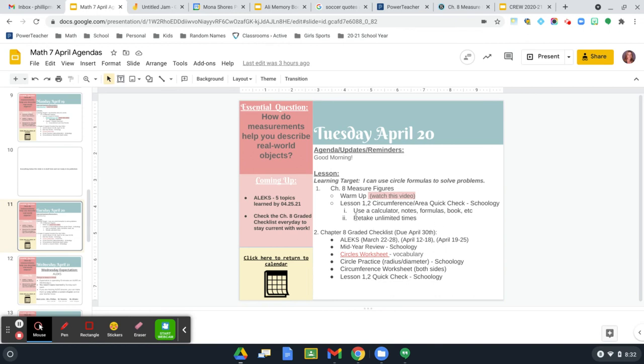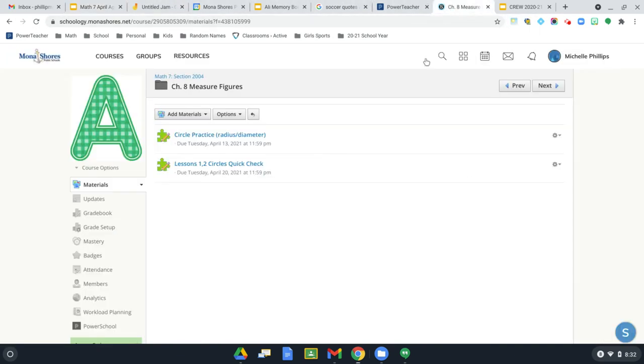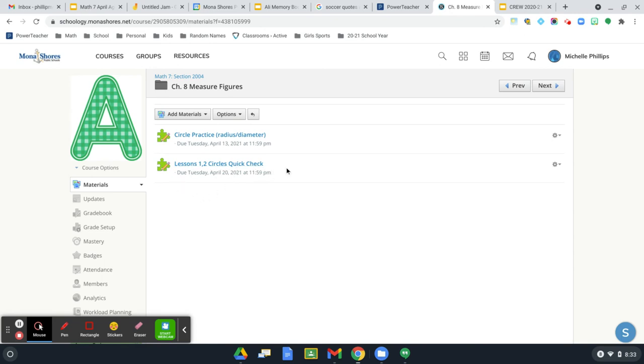So all of that is available for you to take this quick check, which is an assignment grade. And you know that anytime we do a quick check in Schoology, you get to retake that unlimited times. So when you head into Schoology, you'll see it there, lesson 1 and 2, circles quick check. There are 12 questions there for you to work through.